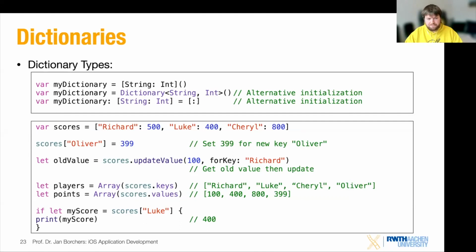The only requirement for the keys is that they are hashable. That is a protocol that the objects need to implement. Strings work, integers work. So there are a lot of different keys, and you can also write your own classes that apply to this protocol, and then you can also use them as keys.